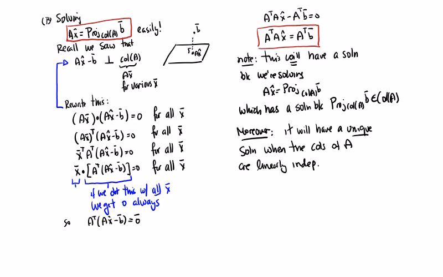So this follows from basic linear algebra. When you have a matrix equation, if it has solutions, then the solutions are unique when the columns of the matrix are linearly independent, because then there's only one linear combination that gives you the result.